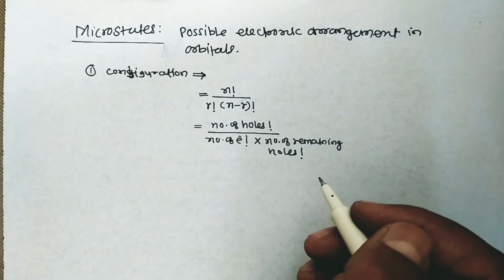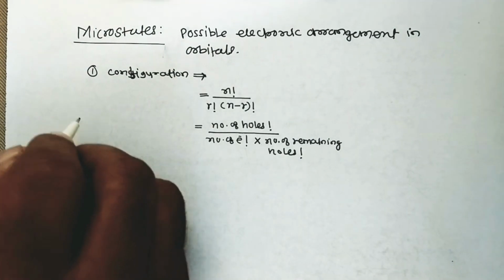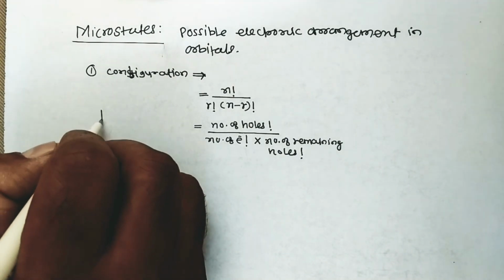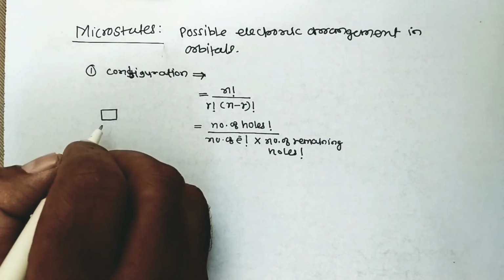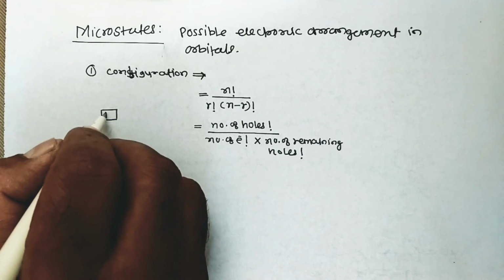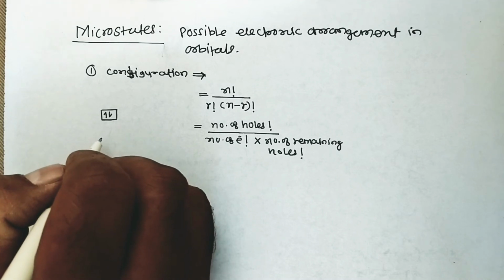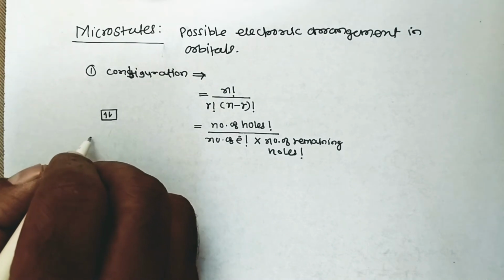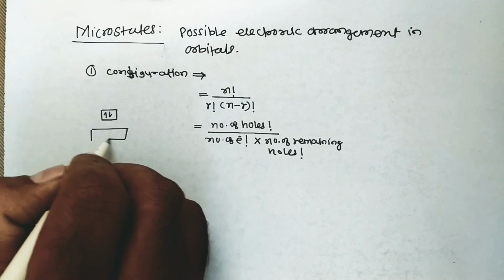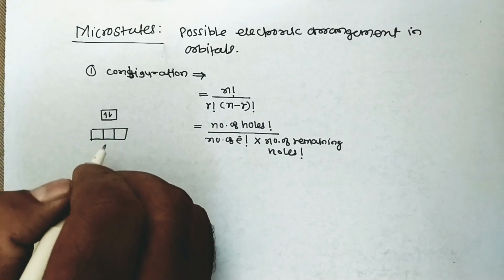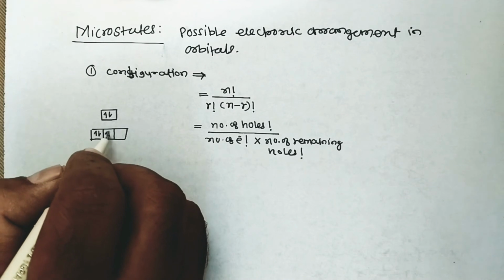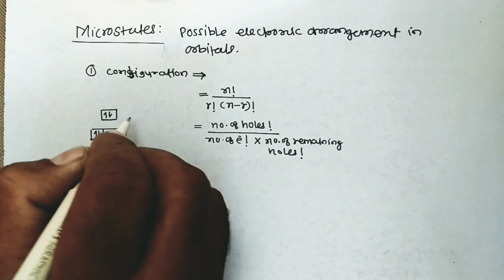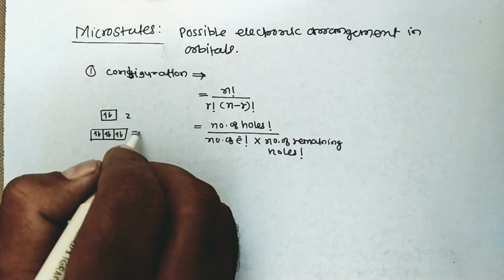Now what is meant by holes? If you consider the s orbital, the capacity of s orbital is 2 electrons, therefore there are 2 holes. In case of p orbitals, there are 3 suborbitals and the capacity of these 3 p orbitals is 6 electrons, therefore there are 6 holes.